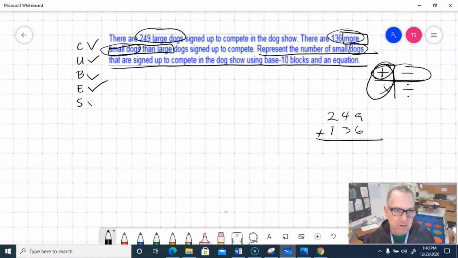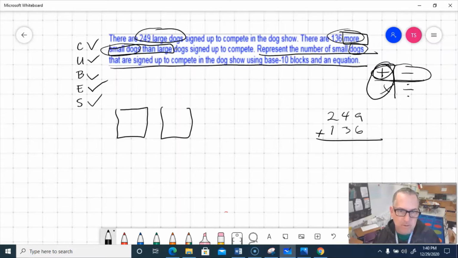So I'm in the solving stage right now. First I'm going to draw my 249 base 10 blocks to represent my large dogs. That's 200, 1, 2, 3, 4 to represent 40, and then 9, 1, 2, 3, 4, 5, 6, 7, 8, 9.